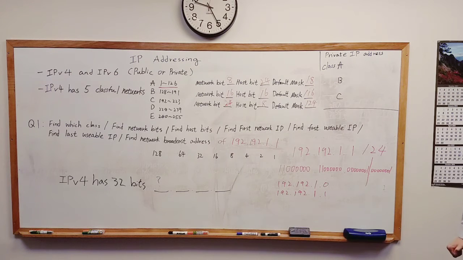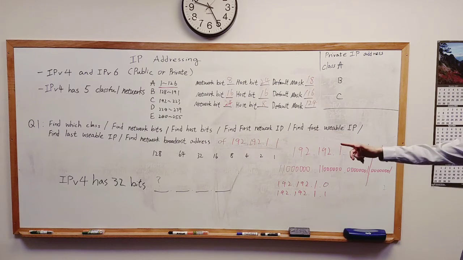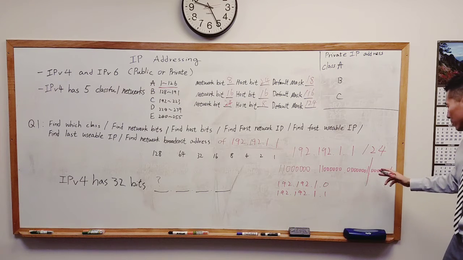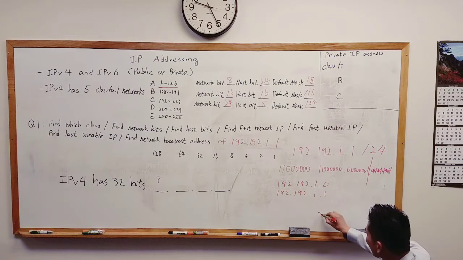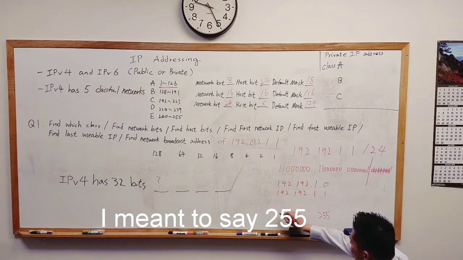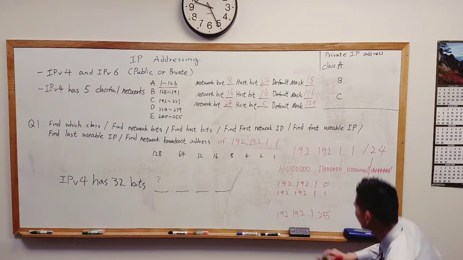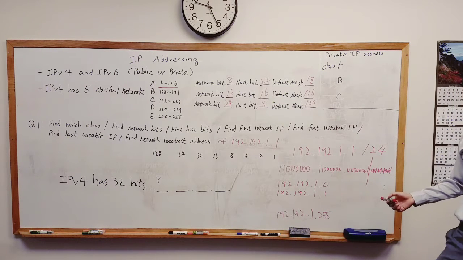Now, before we find the last usable IP, let's find the network broadcast address. The network broadcast address is when you make all the numbers here equal 1. So that's going to be 255. 192.192.1.255, that's the broadcast address.